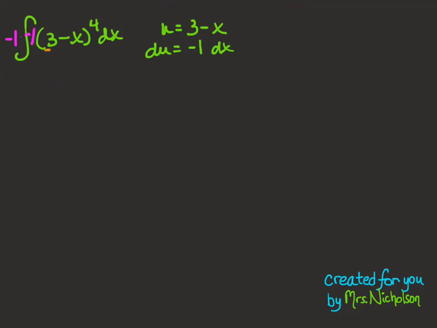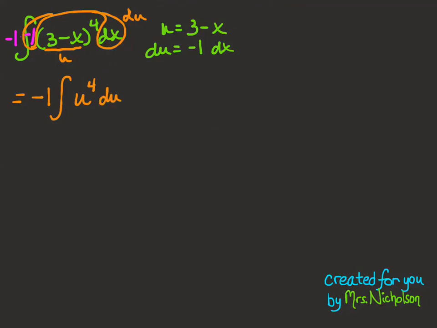So this 3 minus x, that's my u, and then the -1 dx, that is my du.